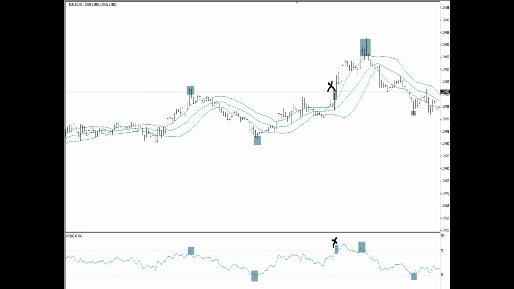For short trades, the bar needs to be above Bollinger, and RSI above 70. Stop loss is 5 to 7 pips, target the middle or lower Bollinger band.